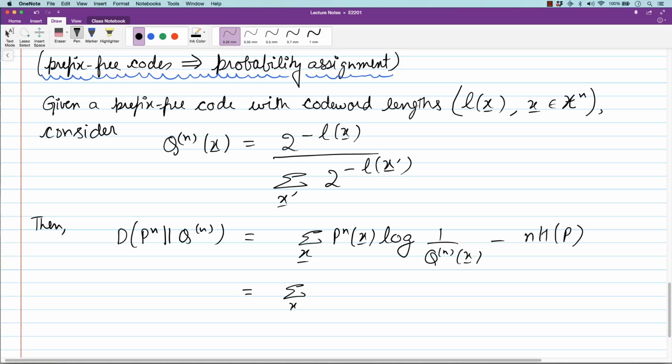But this is equal to the summation over x of Pn of x log of, so this numerator comes here and it becomes 2 to the power Lx, plus this constant term, plus log of the summation over x prime of 2 to the power minus Lx prime, minus nH(P).